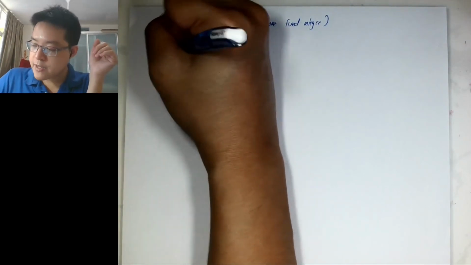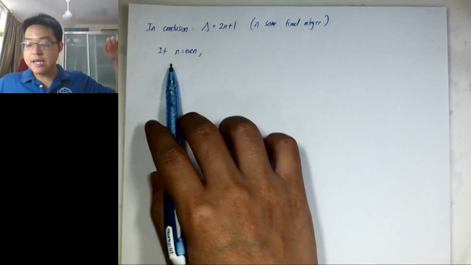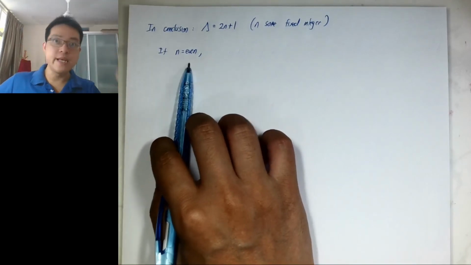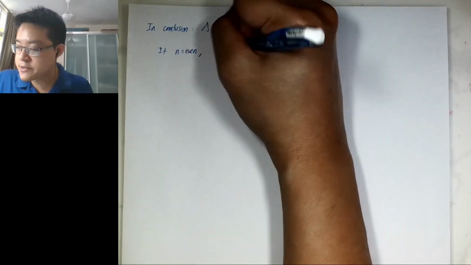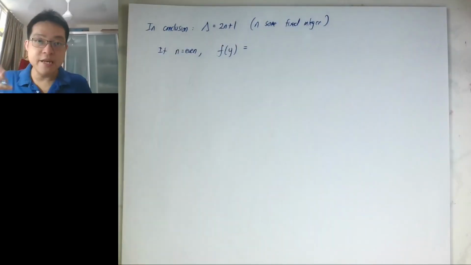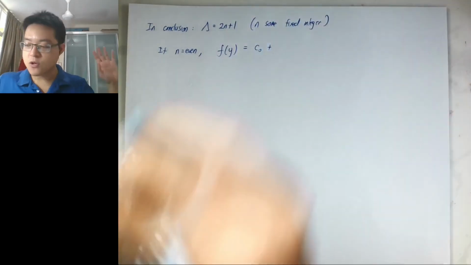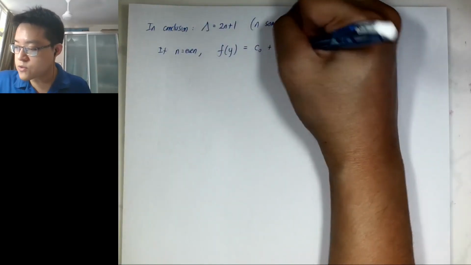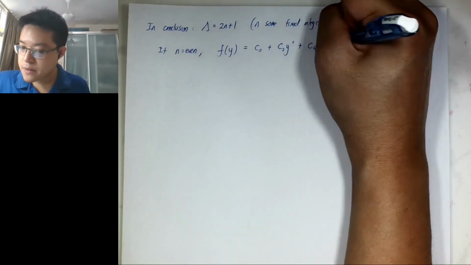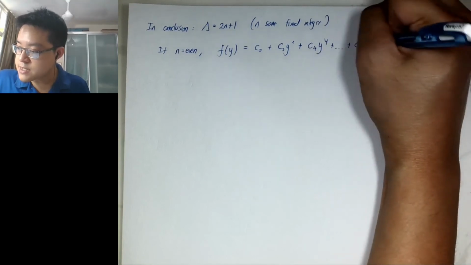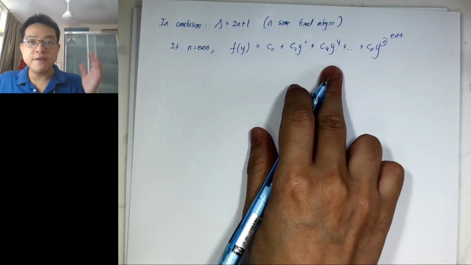But if n is even, then what did we say just now? That the even Cj are non-zero, the odd Cj's are going to be 0. So that means my series consists of even terms only. So C0, C1 no, C2 y2, C3 no, 0. So C4 y4 plus this until the Cn yn, where n is an even number. So everyone here has even powers.